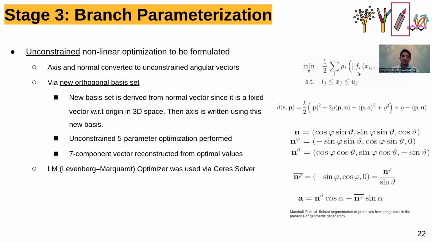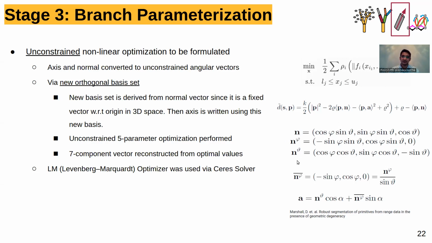The distance metric itself is not unconstrained, and so to convert the problem into an unconstrained problem, all the vectors, the normal vector, the axis vector, and the curvature were converted into trigonometric form, and a new basis set was obtained.